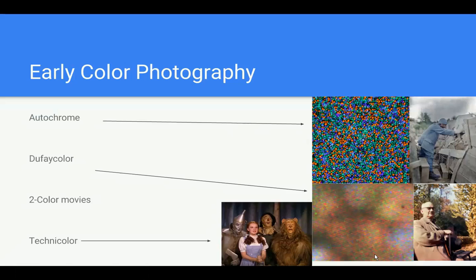One of the first steps towards the modernization, I guess you could call it, of color film and color film development was the original 2-color movies, and the discovery of color couplers.